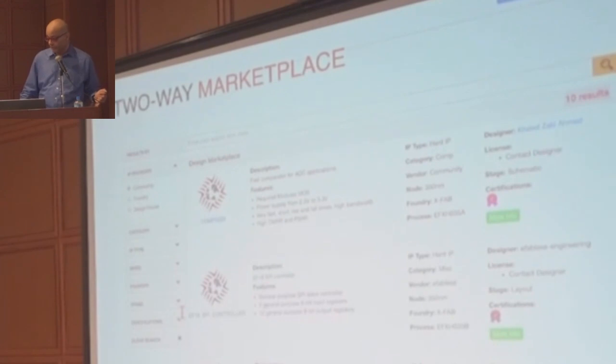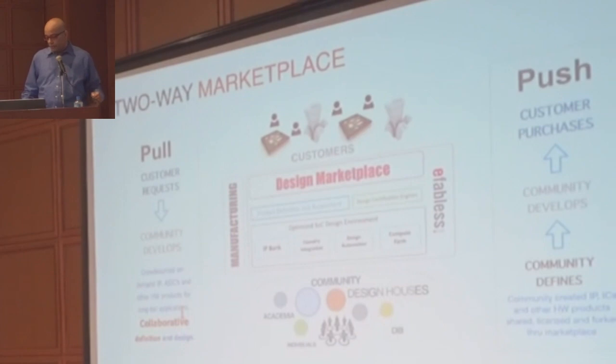And I showed you the marketplace, and that marketplace eventually has IP from a foundry, it has IP from developers around the world, and it has some labels or certification that tags that show what's the state of the IP. So ideally, we want the company to look like this. There will be two models.